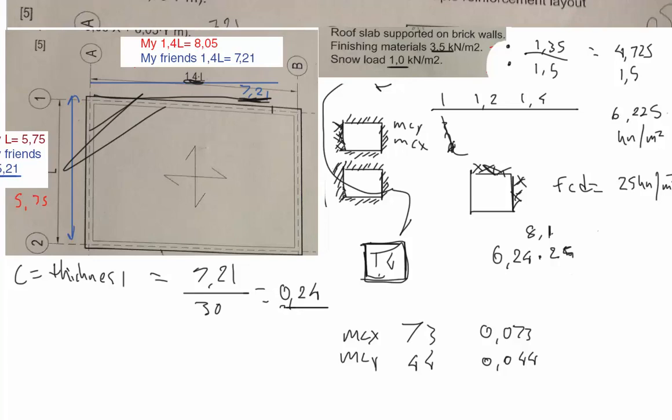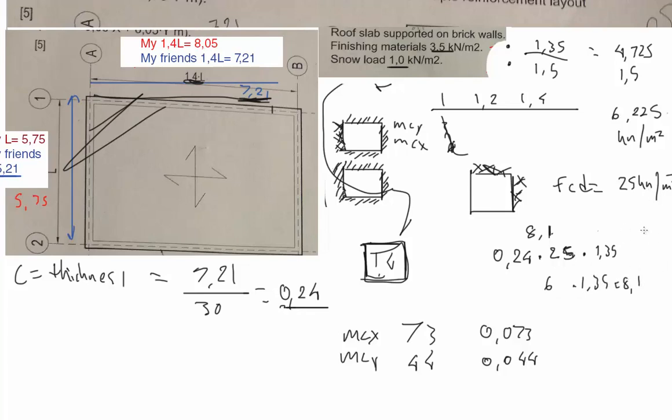How can you do that? Okay, I'm stupid again. So he did not make a mistake. I did, and also obviously it's dead load, times 1.35. So that would be 6 times 1.35 equals 8.1.